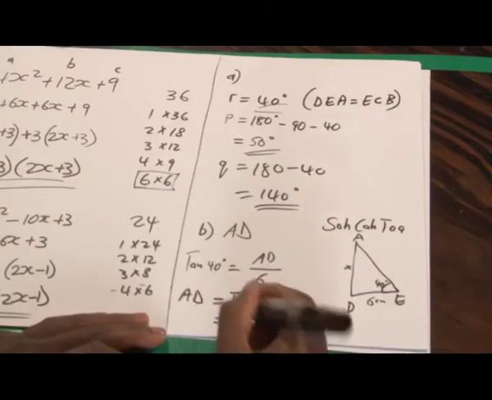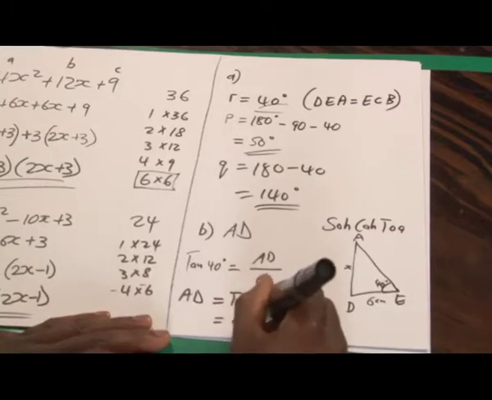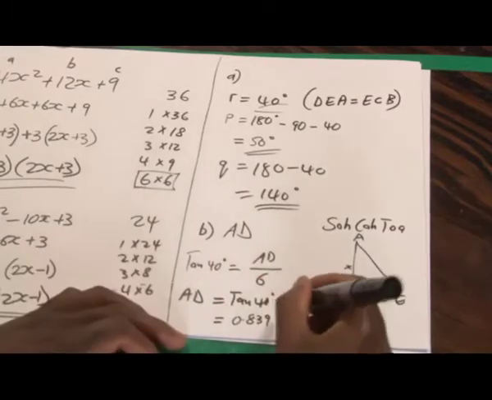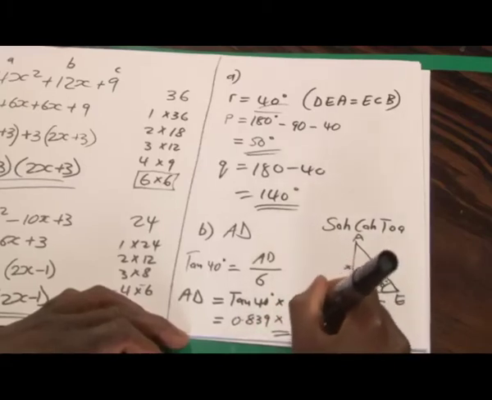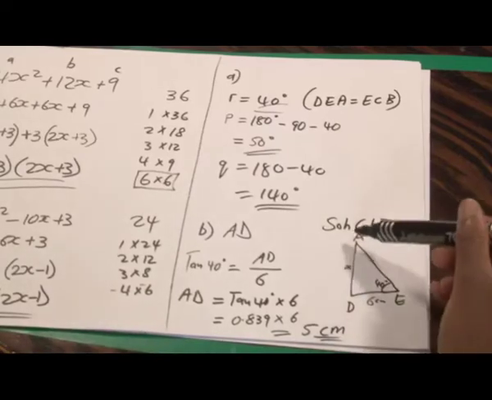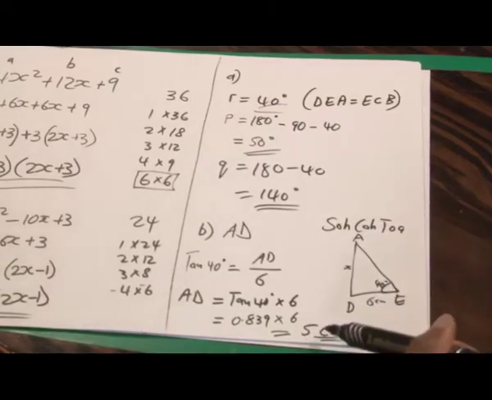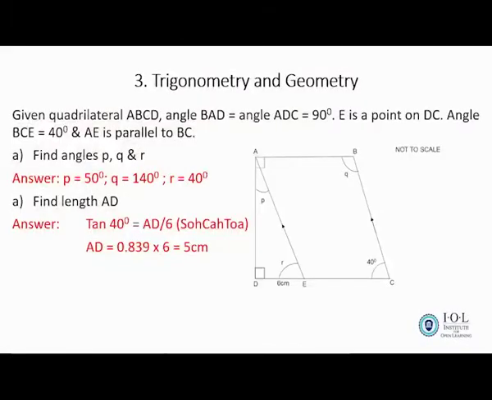Key in your scientific calculator, that will give you 0.839. That's the tan 40. Multiply that by 6. Then it gives you 5 centimeters. Meaning the length AD is 5 centimeters, but length DE is 6 centimeters. That's how we found the 5 centimeters we're seeing on our screen.